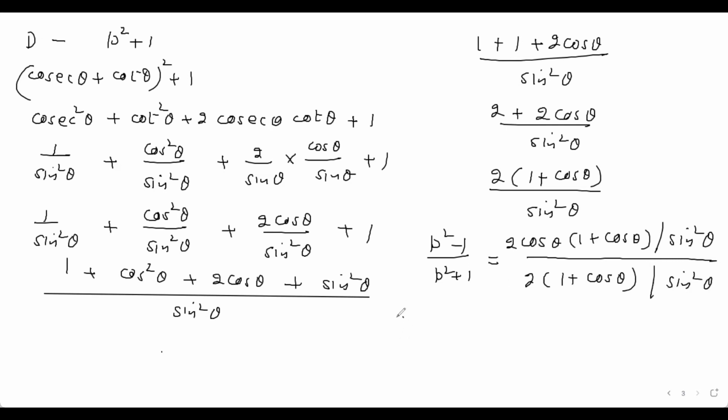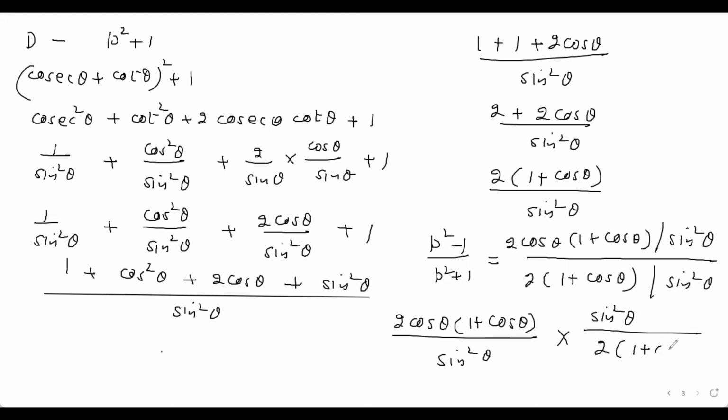So this is equal to 2 cos theta into 1 plus cos theta upon sine square theta, into sine square theta upon 2 times 1 plus cos theta. This and this is cancelled. This and this is cancelled. This and this is cancelled. You get cos theta. Now p square minus 1 upon p square plus 1 is equal to cos theta. This is what we want. So I have written here 2 methods. It's up to you to decide which method you prefer.